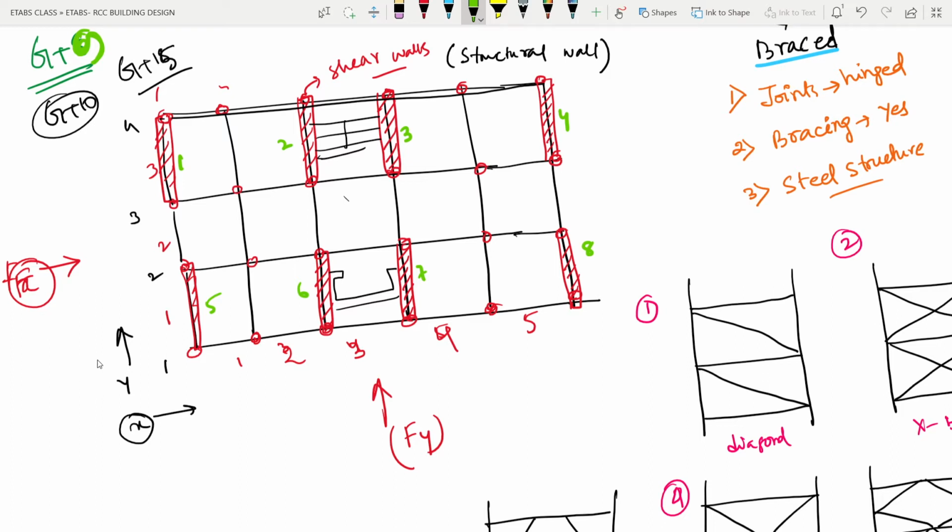Now if you see here, I have said that the total lateral force will be resisted by these shear walls. Then what is the use of these columns?